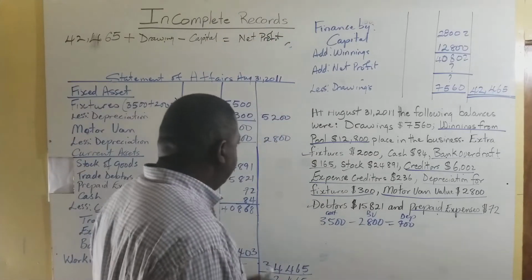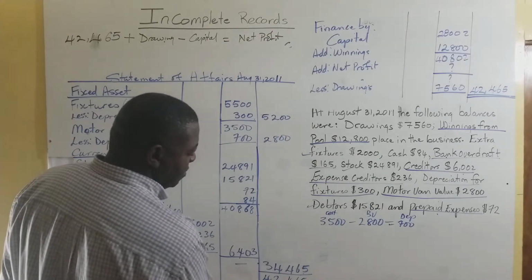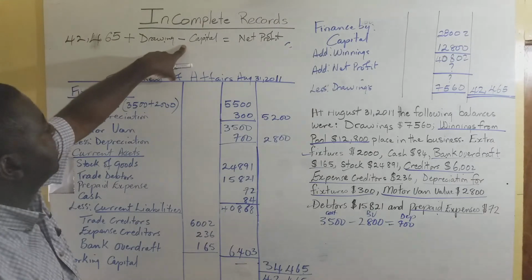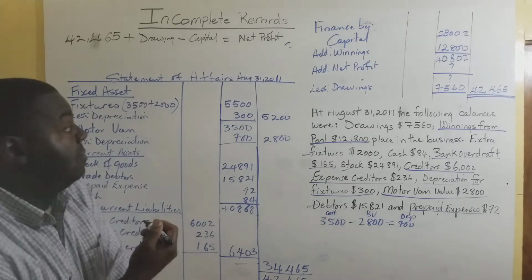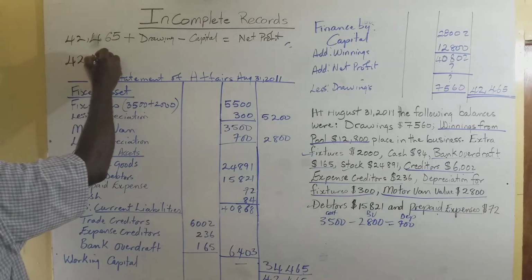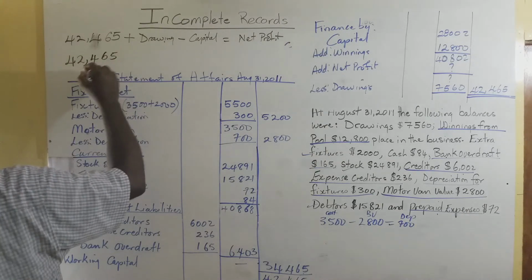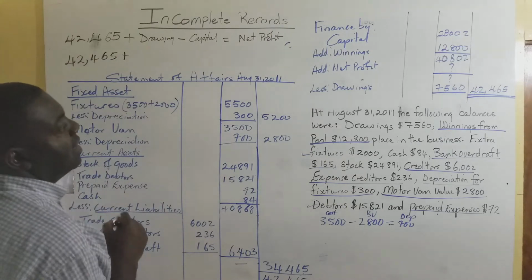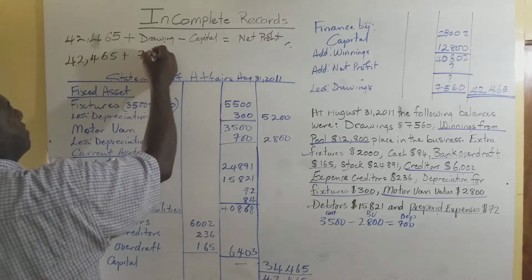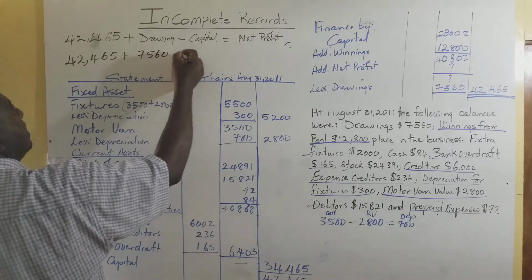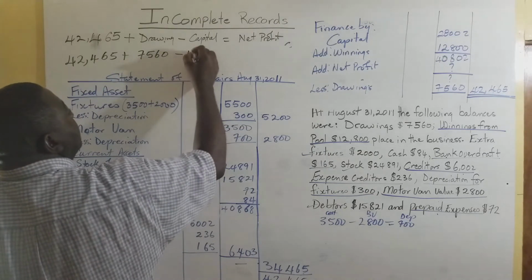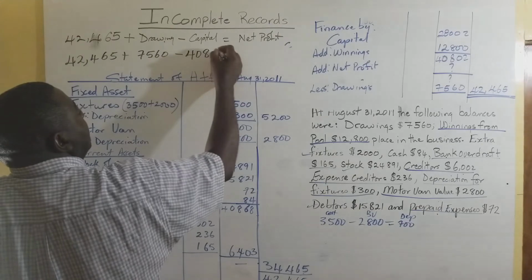That is this figure, the 42,465. We're going to be adding the drawings to it. Then we're going to subtract the capital, and that will give us our net profit. So let's plug in the values. Let's rewrite it again. 42,465 plus the drawings. All right, and the drawings figure we are told is 7,560, and we're going to minus the new capital figure, which is 40,802.